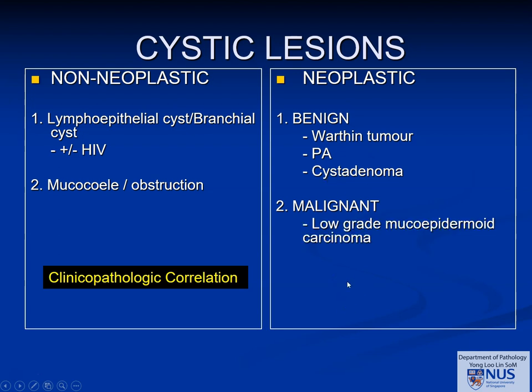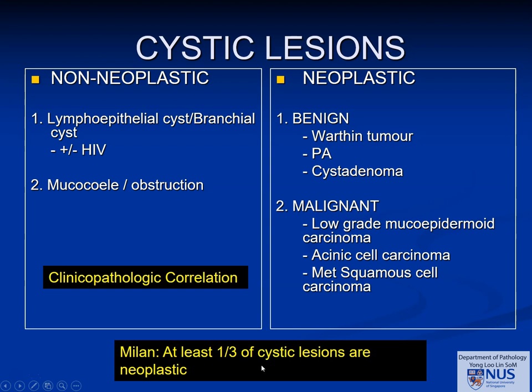For malignancies, low-grade mucoepidermoid carcinoma often is very cystic, and also sometimes other malignancies, including metastatic squamous cell carcinoma, which can also occur in intraparotid lymph nodes or in the submandibular region masquerading as a submandibular salivary gland.